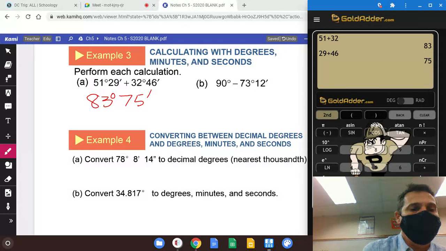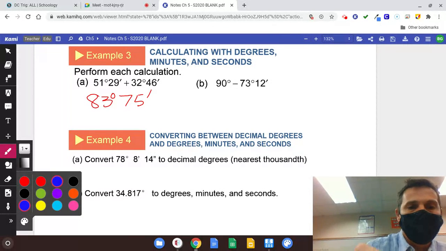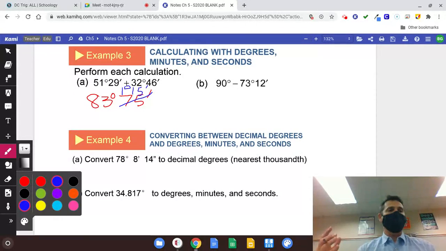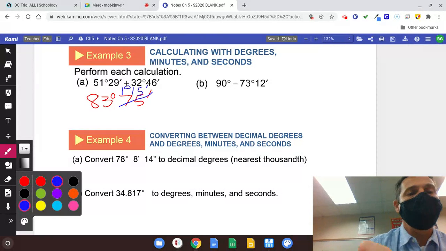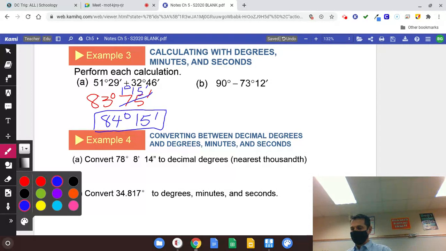So anytime you get a number like that over 60, you're probably going to want to shift and say that's like saying 1 degree and 15 minutes. So if you recollect, you have 83 degrees and 1 more degree. You have 84 degrees and 15 minutes. Okay, so it's just like terms, and then you're going to have to recollect.